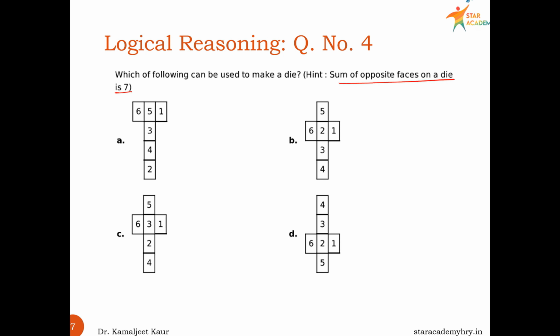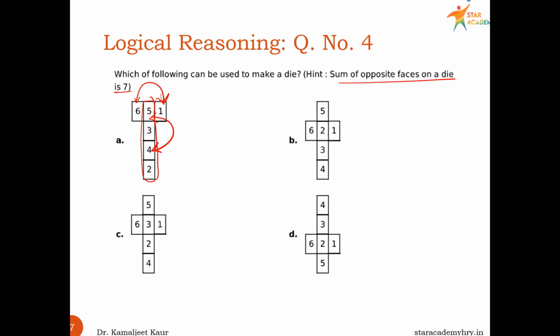To represent the die, there are 2 legs and 1 base. All the figures can be used to make a die. Now the alternate ones, like 6 and 1, are on opposite faces. 5 and 4 are on opposite faces. Similarly, 3 and 2 will be on opposite faces.